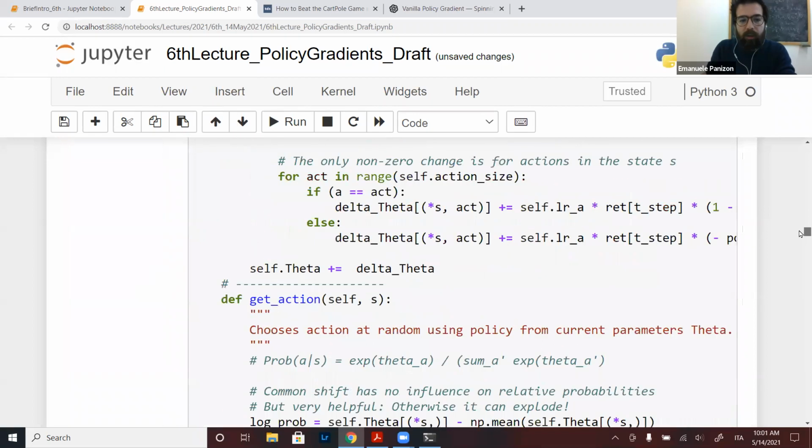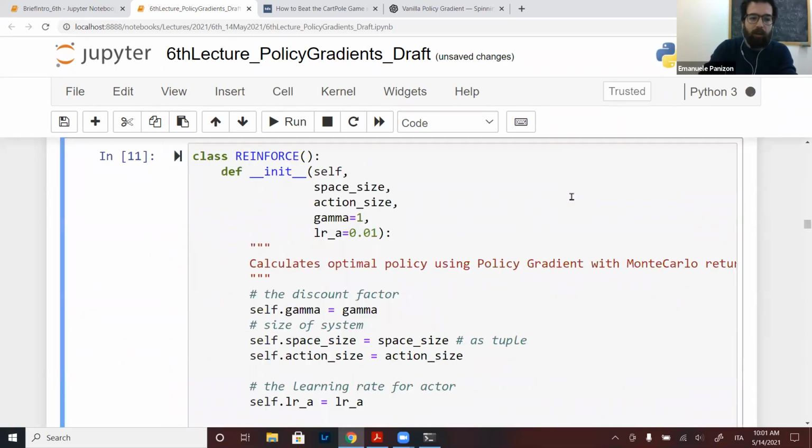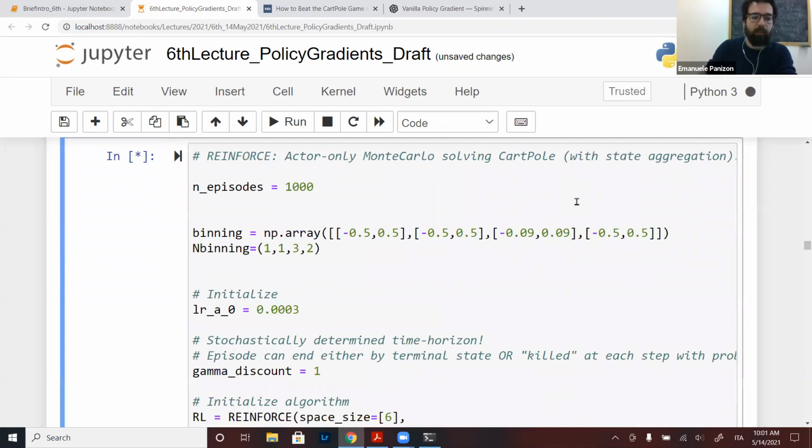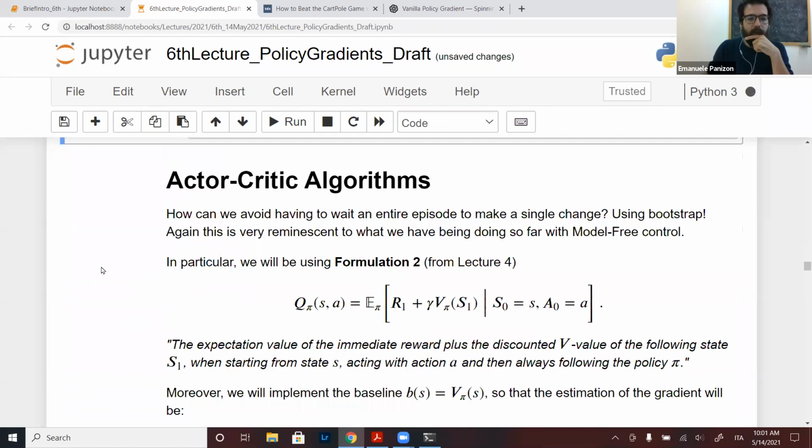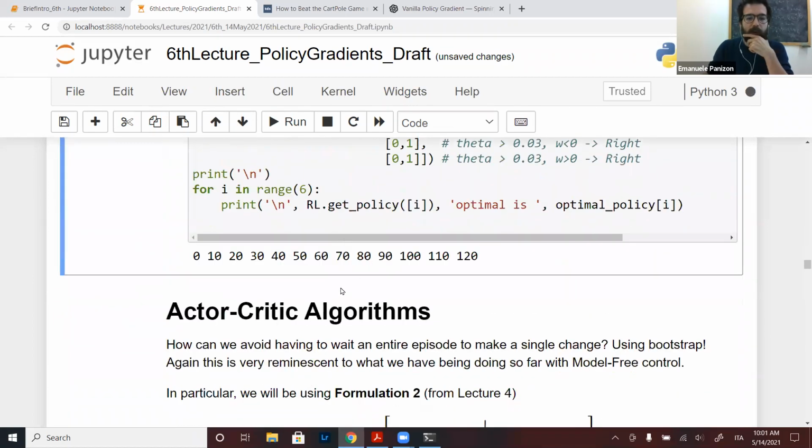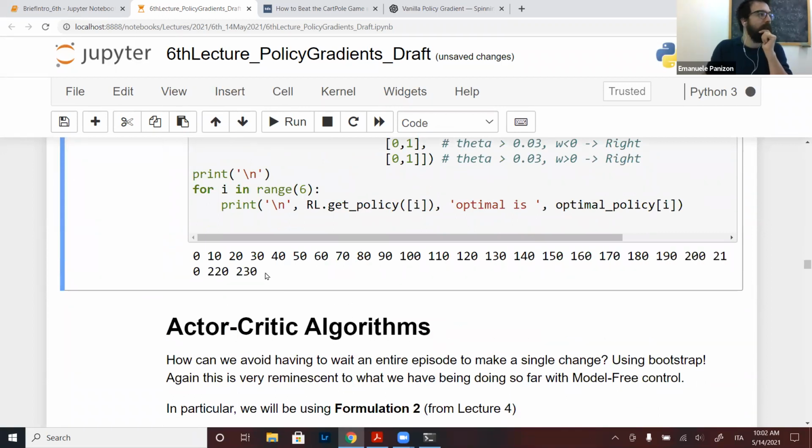I apologize again, I always forget. Okay, so this will go on for a while. And perhaps if you have no question, we can make a small break, and then after the break, we go on with the actor-critic algorithm.